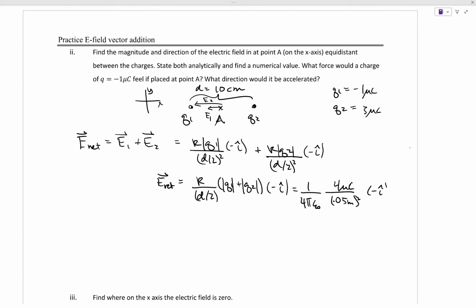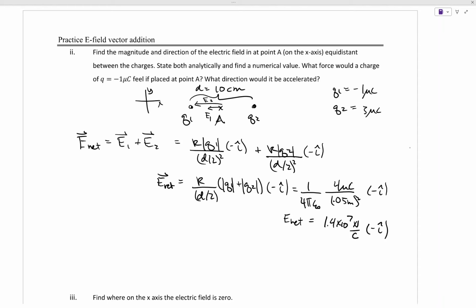And if we actually compute what this is, we would get that the numerical value for this is 1.4 times 10 to the 7 newtons per coulomb in the negative i direction.